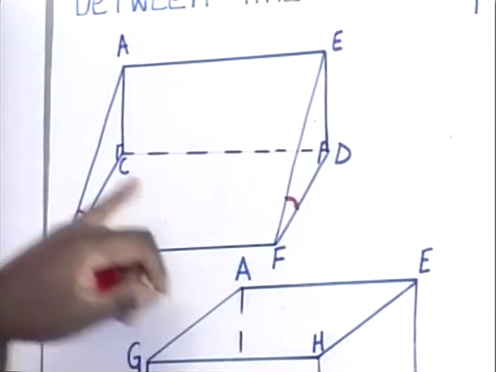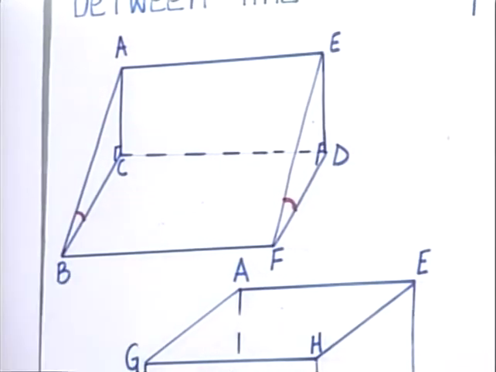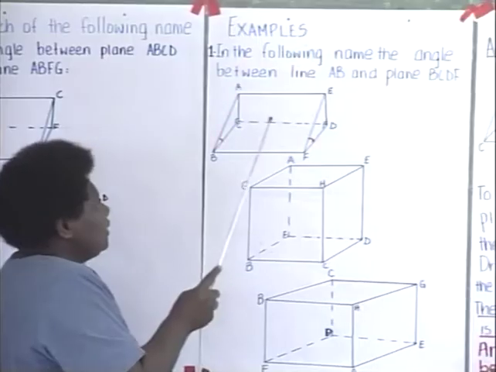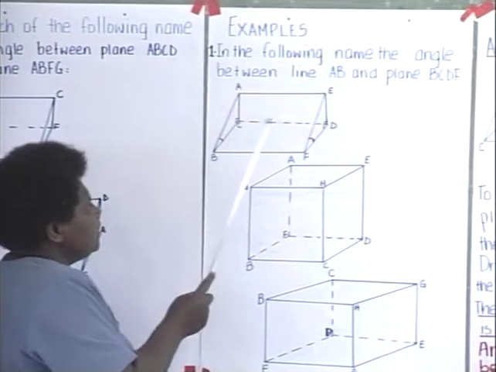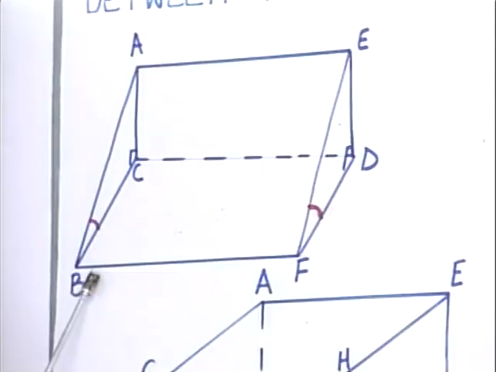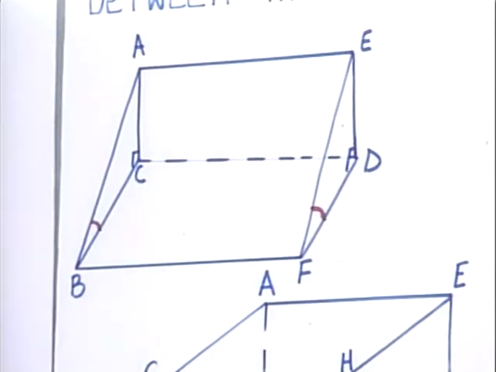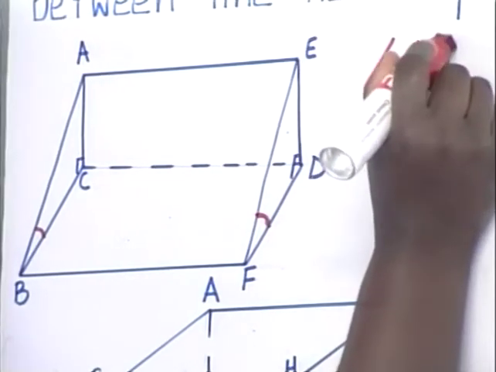It can't be this one because it specifically says between AB and the plane. Note, there is a vertical line already there to the plane BCDF, and then this will join there, therefore ABC. So angle ABC.